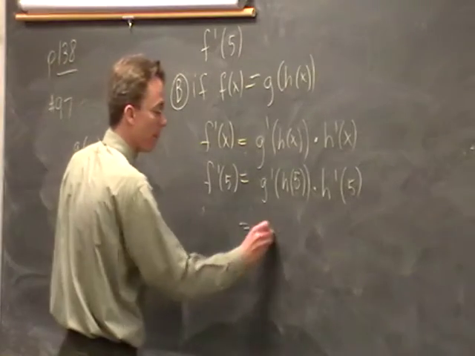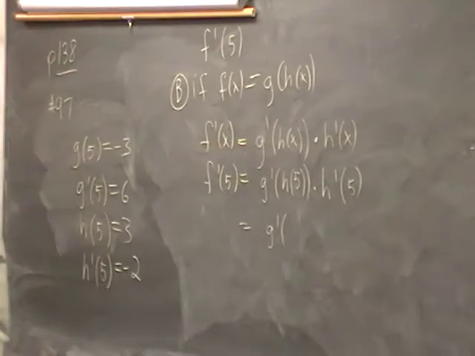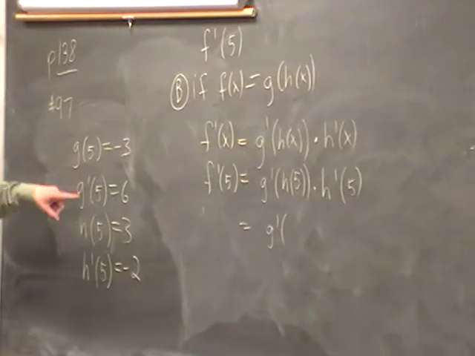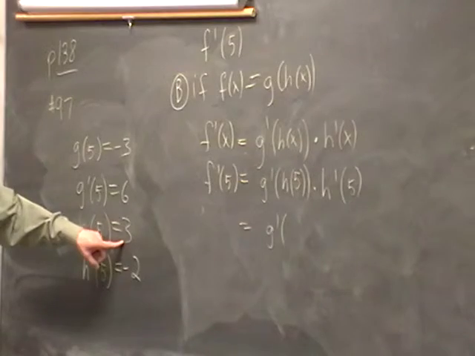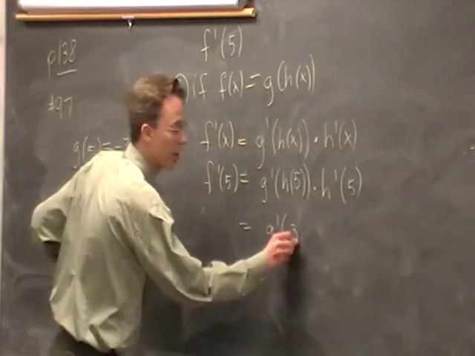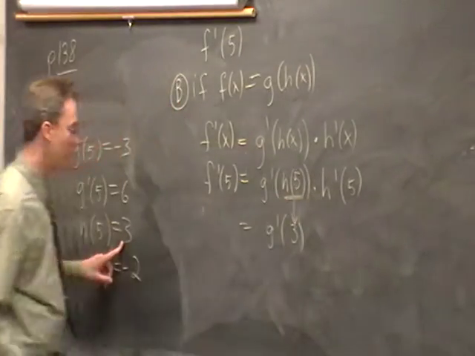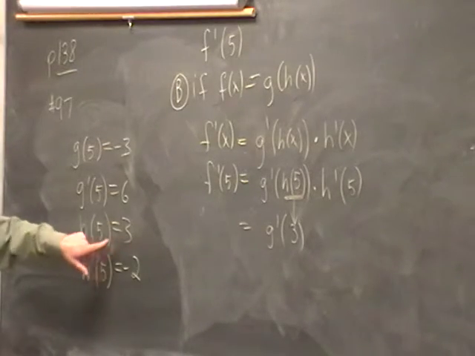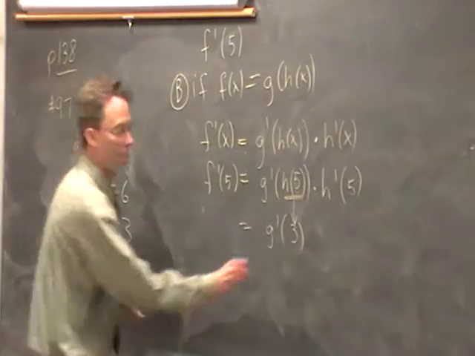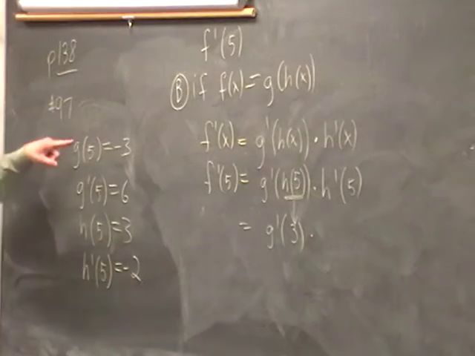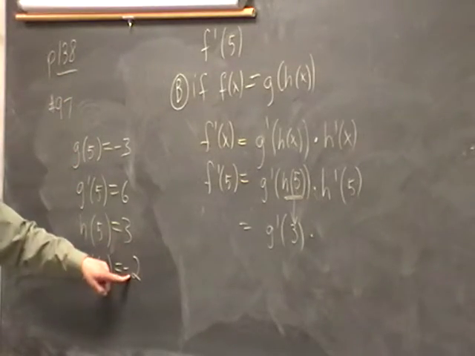So you've really got g prime of h of 5, of 3. I'm taking out the h of 5 and replacing it with 3 because it says I can. Times h prime of 5, negative 2.